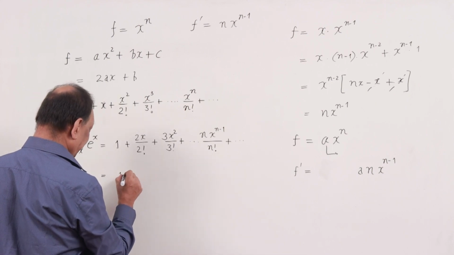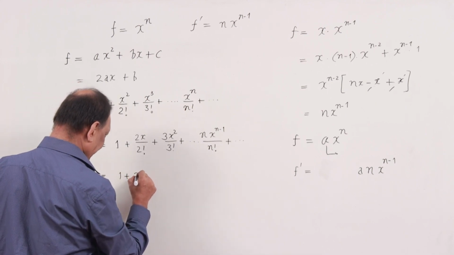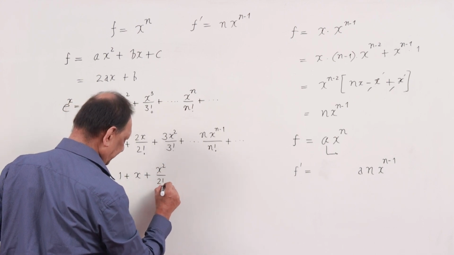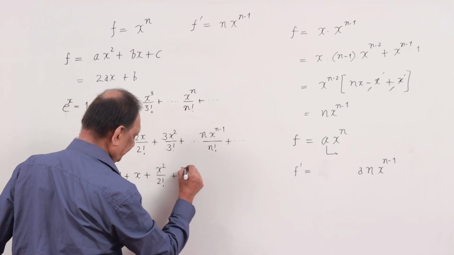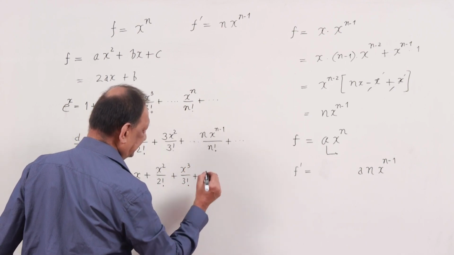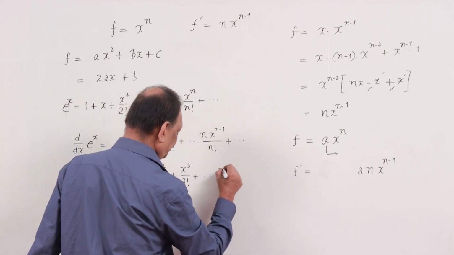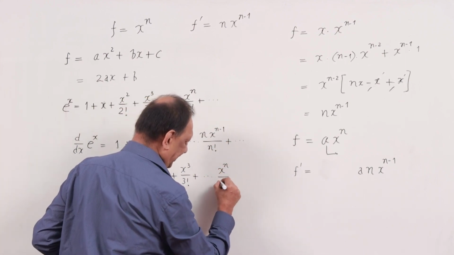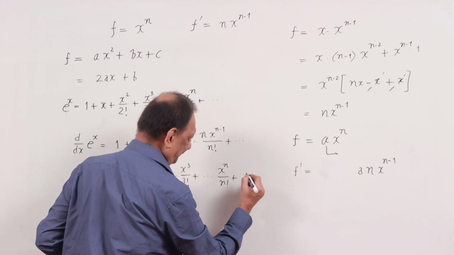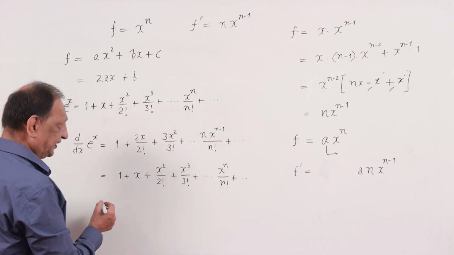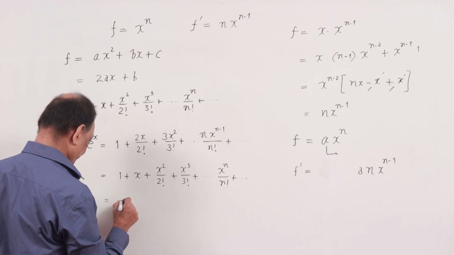So you will get 1 plus x squared by 2 factorial plus x cubed by 3 factorial. General term would be x power n minus 1, I can write the next term also, x power n by n factorial plus etc. Actually the same as the original exponential series, which means this is also e power x.